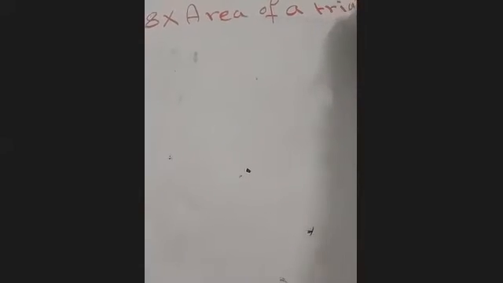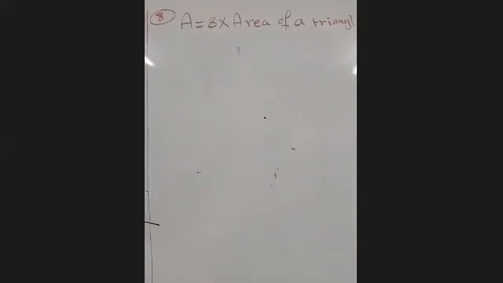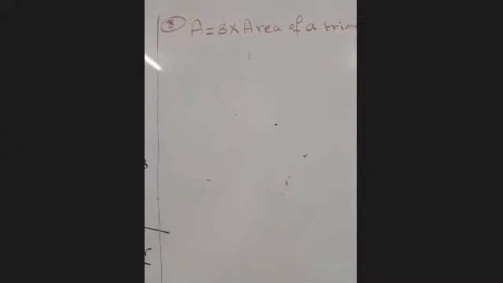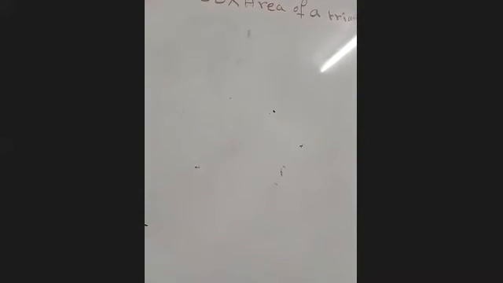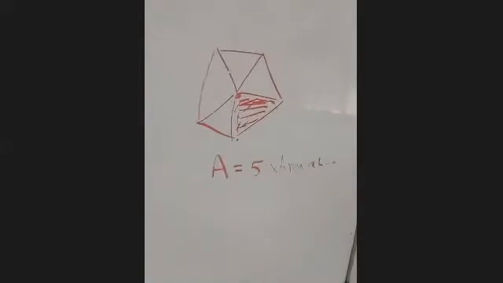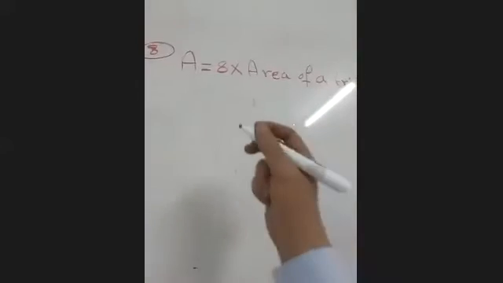Because we have 8 sides, guys, focus please, we write A equals 8 multiply area of a triangle. But if we have 5 sides, we write 5 multiply area of a triangle. So be careful of this. Now let's continue.